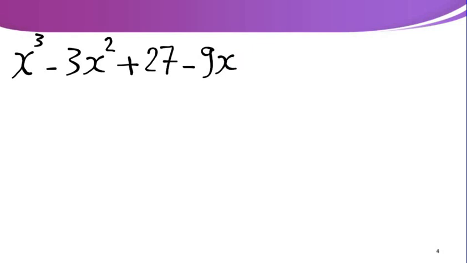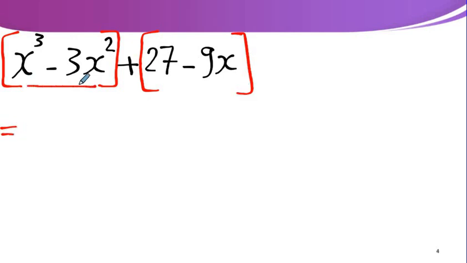This expression also consists of 4 terms, so you should divide it into groups. Here I will take each 2 terms together, so x to the power 3 minus 3x to the power 2 together and 27 minus 9x together.